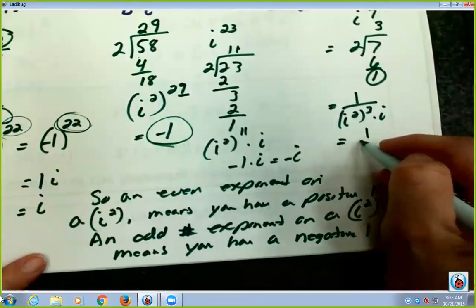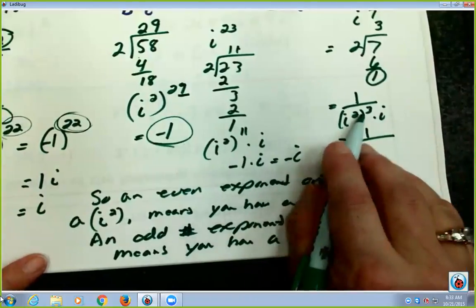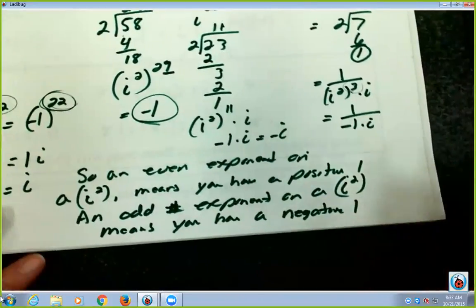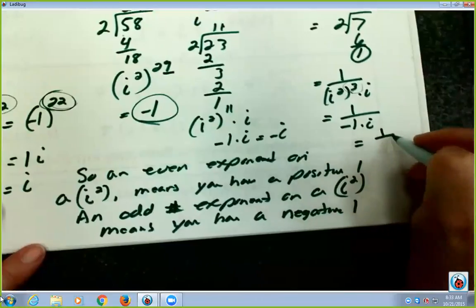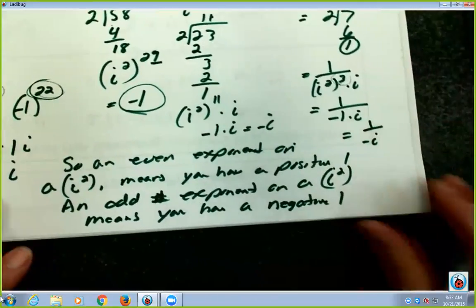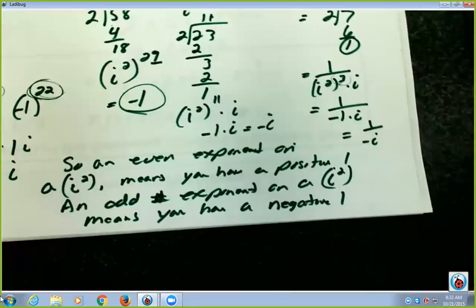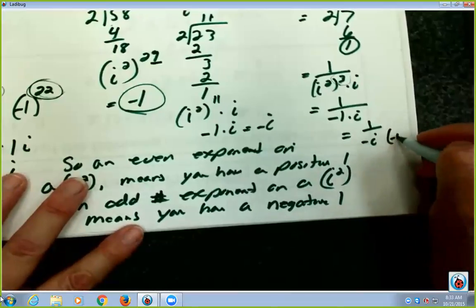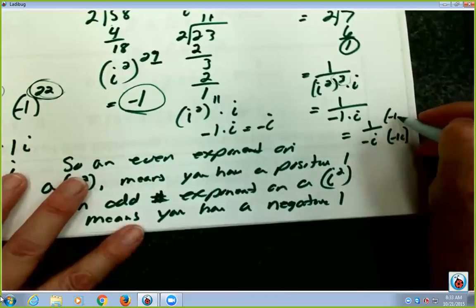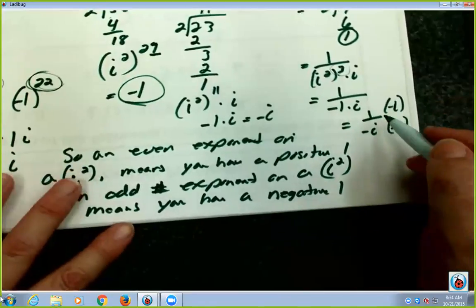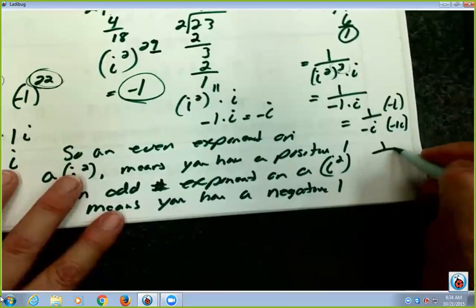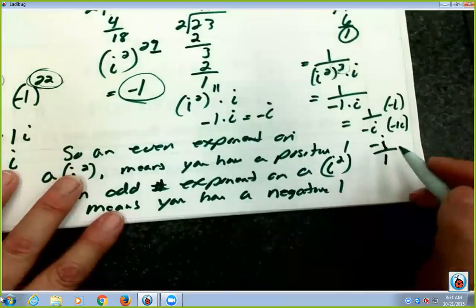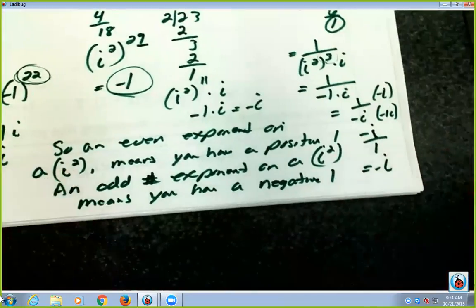So I end up with 1 all over, 3 is odd, so I have a negative 1 times i. And that ends up equaling 1 over a negative i. But we can't leave an i in the denominator, so I'm going to multiply top and bottom by a negative i. And so what am I left with? 1 with a negative i all over 1. And so my answer is simply a negative i.